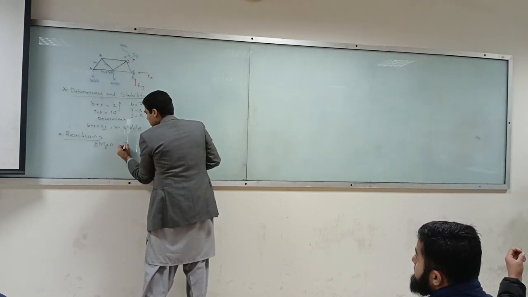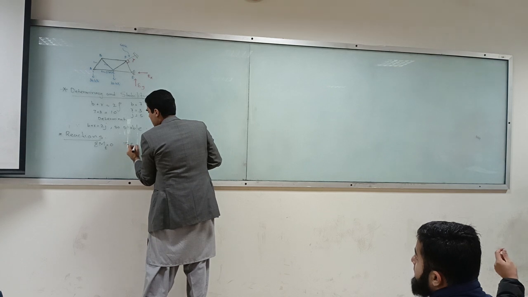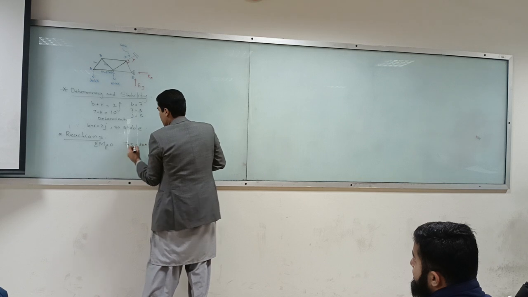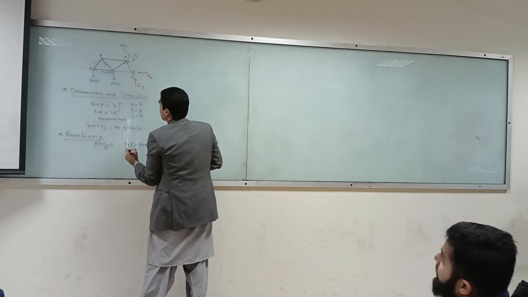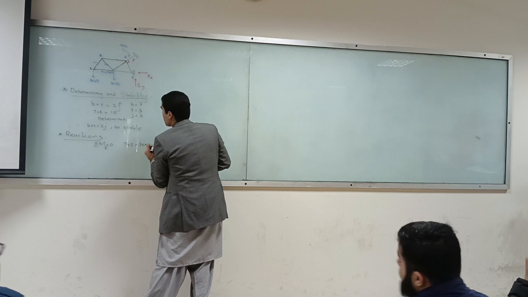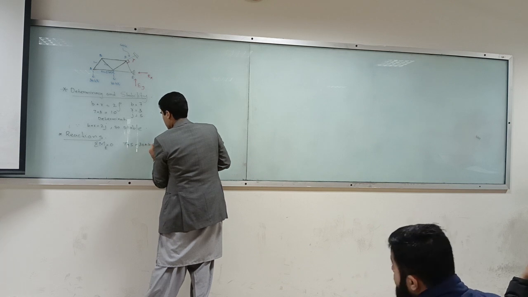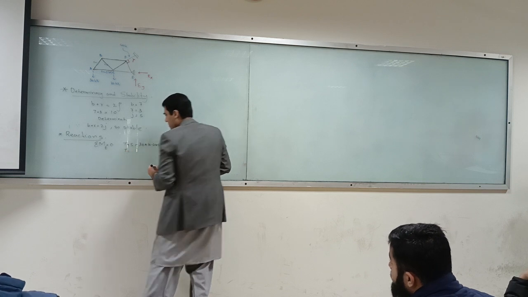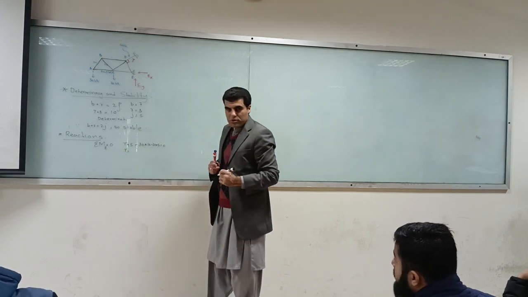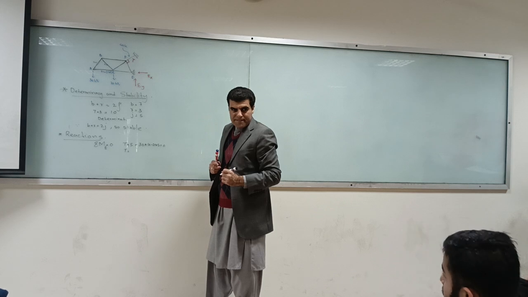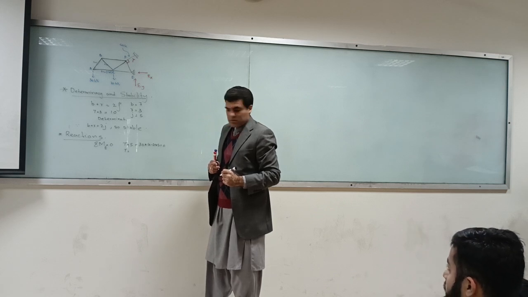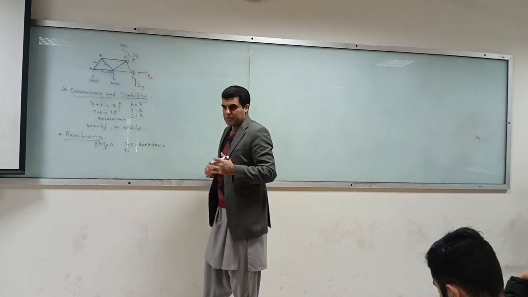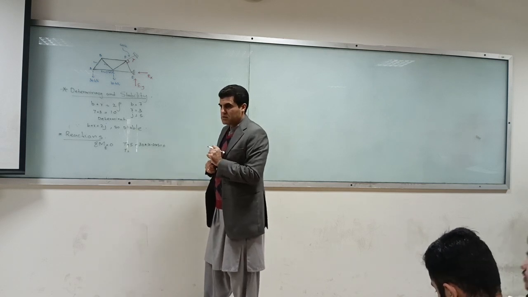So T times 5 minus 30 times 10 minus 20 times 5, and T must be equal to, come on, hurry up, 300 plus 100.